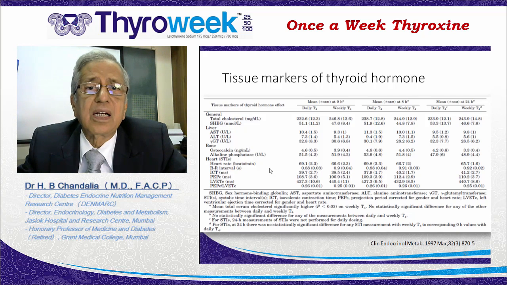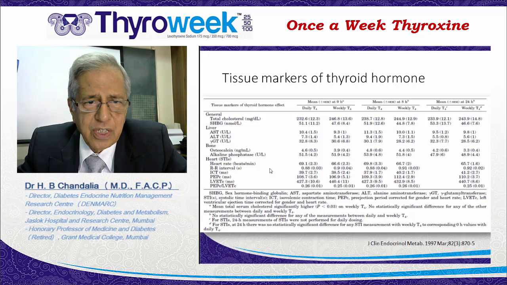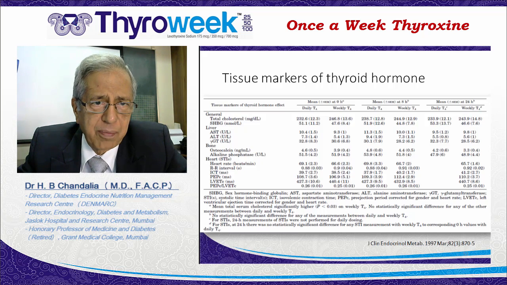We always study the impact of thyroid hormone in various tissues, and in this study, those have been studied also to see that this is similar to the daily dose therapy. You will see here the effect on the total cholesterol, where hypothyroid people have elevated LDL cholesterol, and of course here it normalized in the same way.